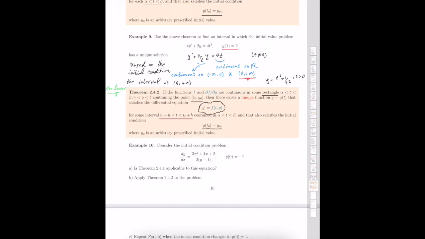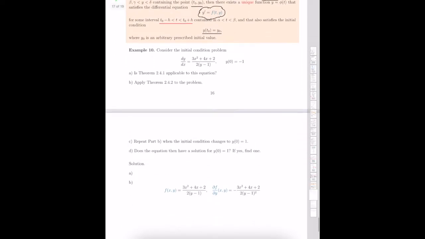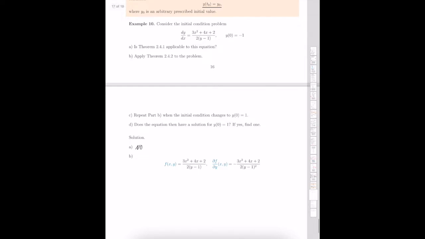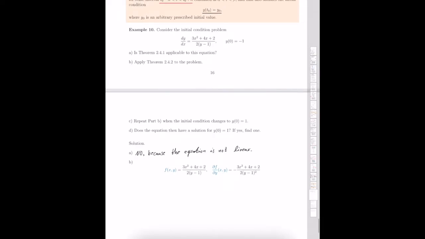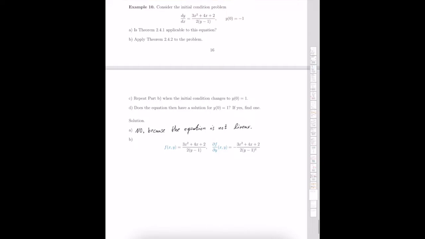So no, because the equation is nonlinear. Okay, so that's part A.